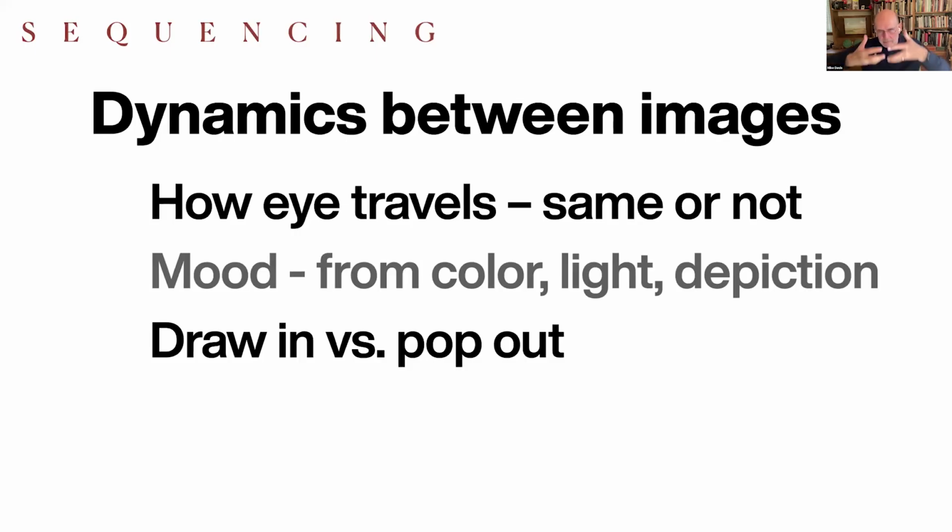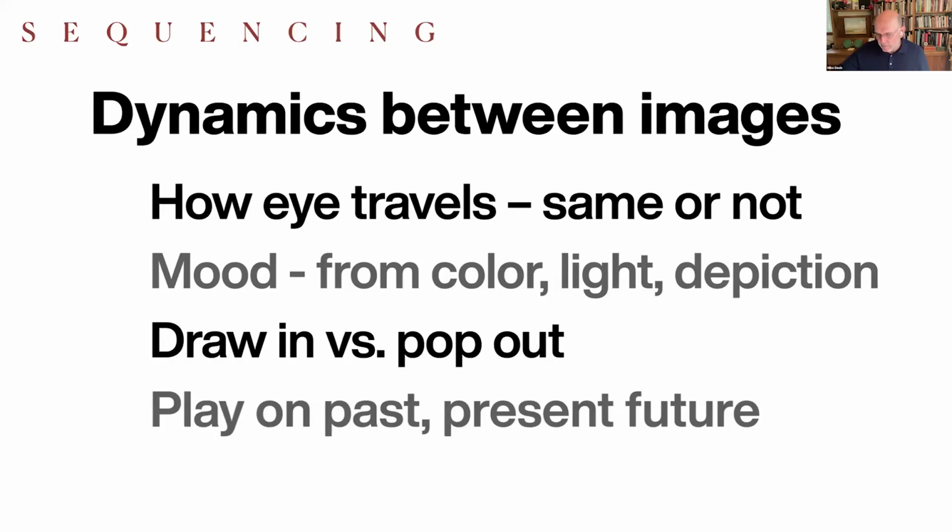If one photograph comes out at you and the next one pulls you into it, that's a very active experience in sequencing. Or you can keep them the same for a few frames and then break that. That's where the rhythm or the music comes in. Same for where your eye travels, keeping it the same or not. That's an example of musicality or roller coaster dynamic.